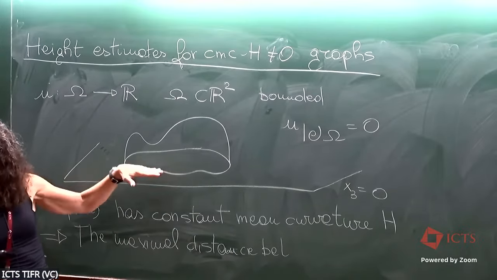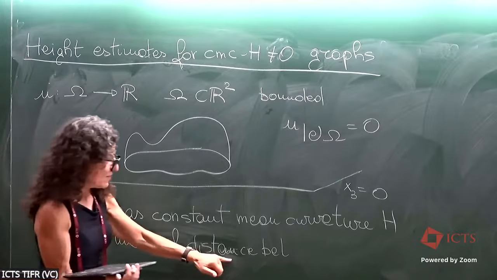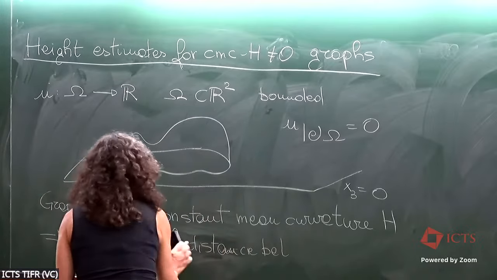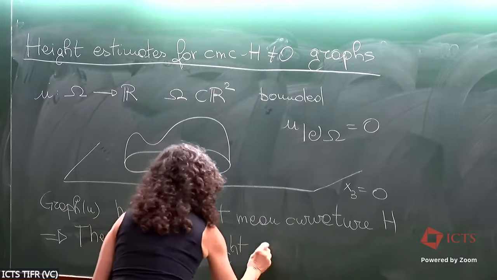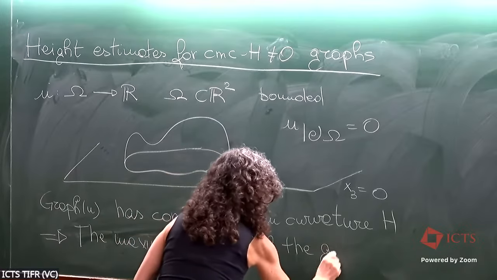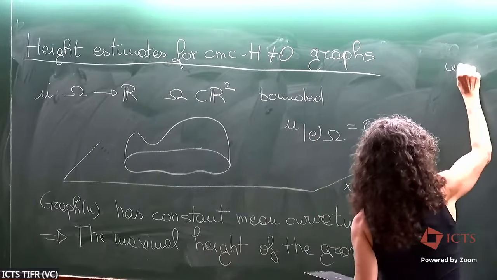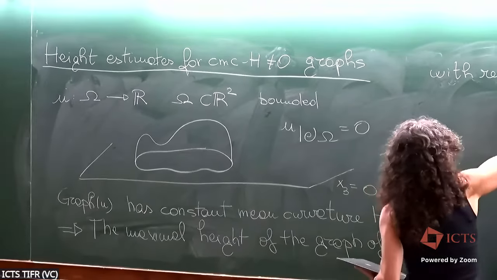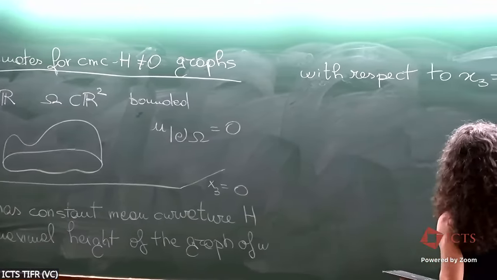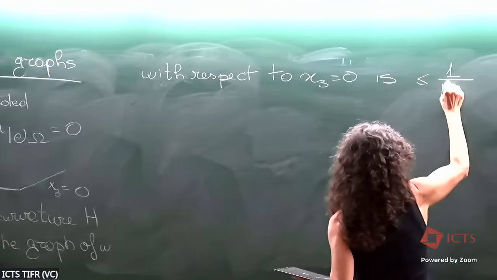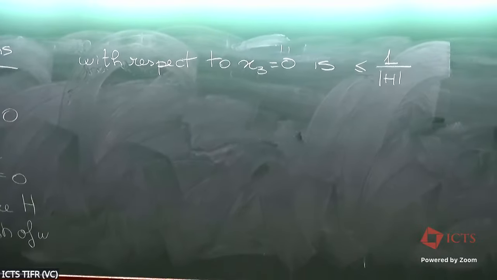It touches the plane here at the boundary. So the maximal distance between, I like best to say the maximal height. I don't know if it is correct in English, but the height of the graph of u with respect to the plane x3 equals 0 is smaller or equal than 1 over the absolute value of H. You can think H positive if you want.